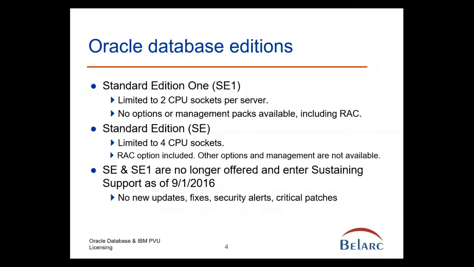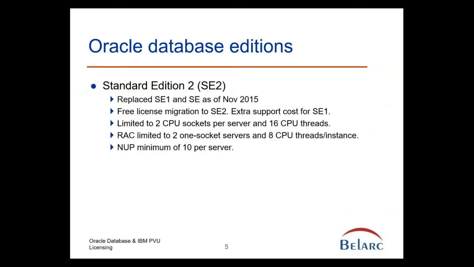And then the two editions that are mainly used for production are the Standard Edition and Enterprise Edition. There used to be a Standard Edition and a Standard Edition 1, but they're no longer supported. They've been replaced by Standard Edition 2.